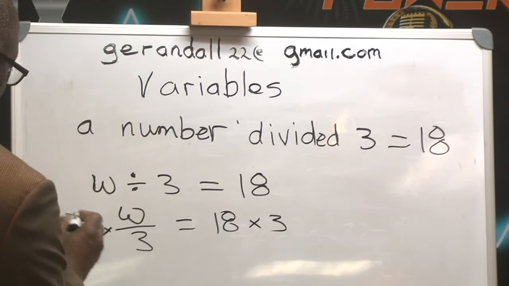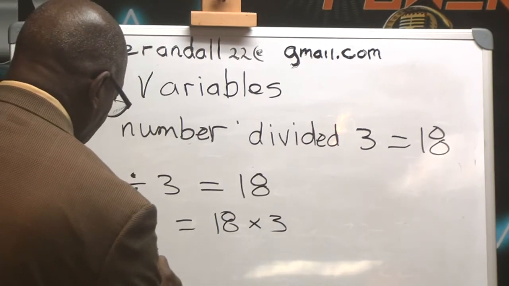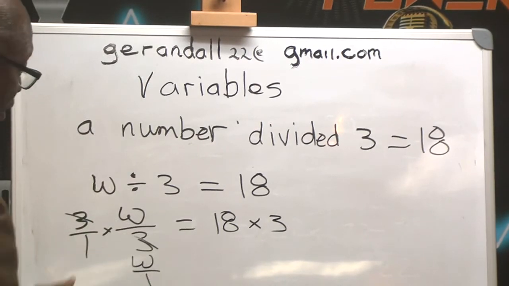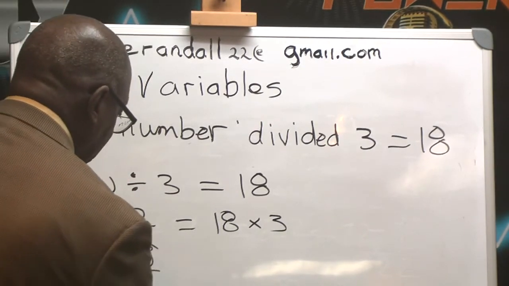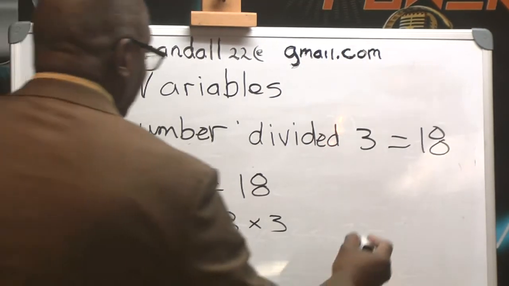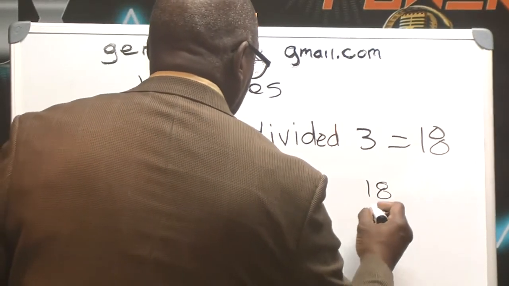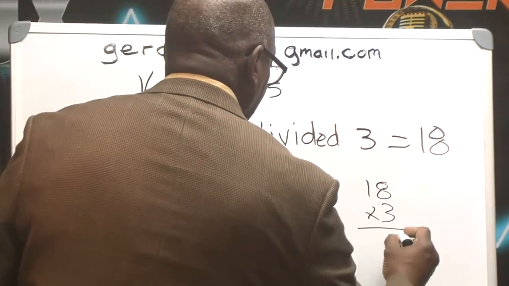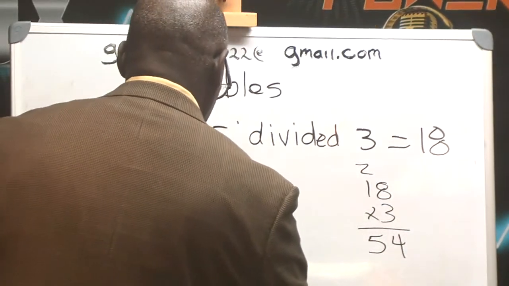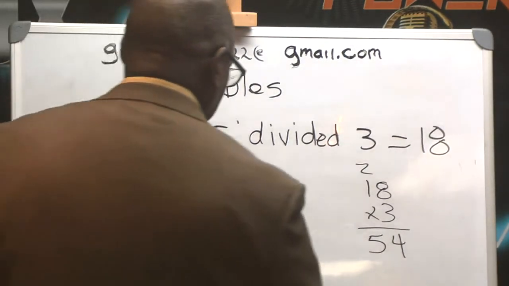Remember our cross multiplication. And you're left with w over 1, which anything divided by 1 is that thing. And in this case, it's w. And then over here, 18 times 3, 54. w equals 54.